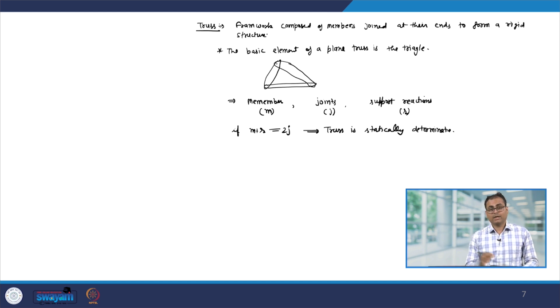That means we can find out all the forces that are acting on the truss, and if M plus R is larger than 2J, then the truss is indeterminate.